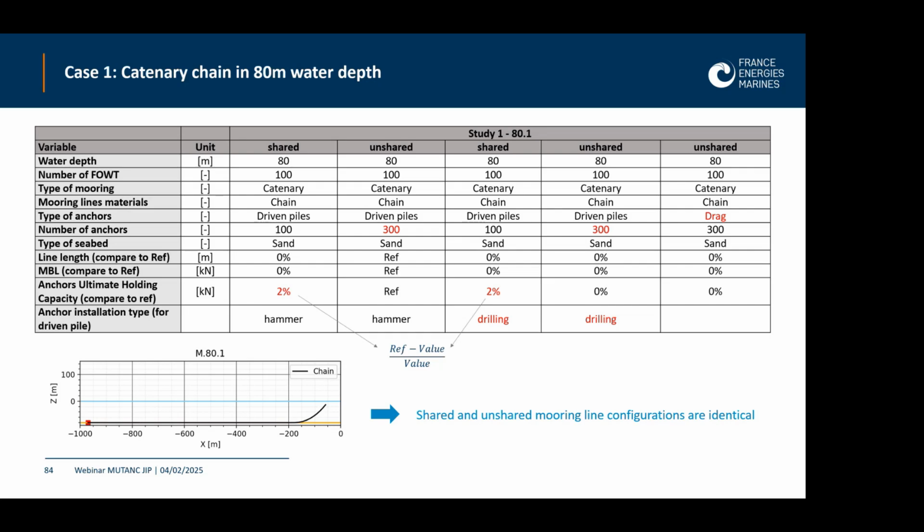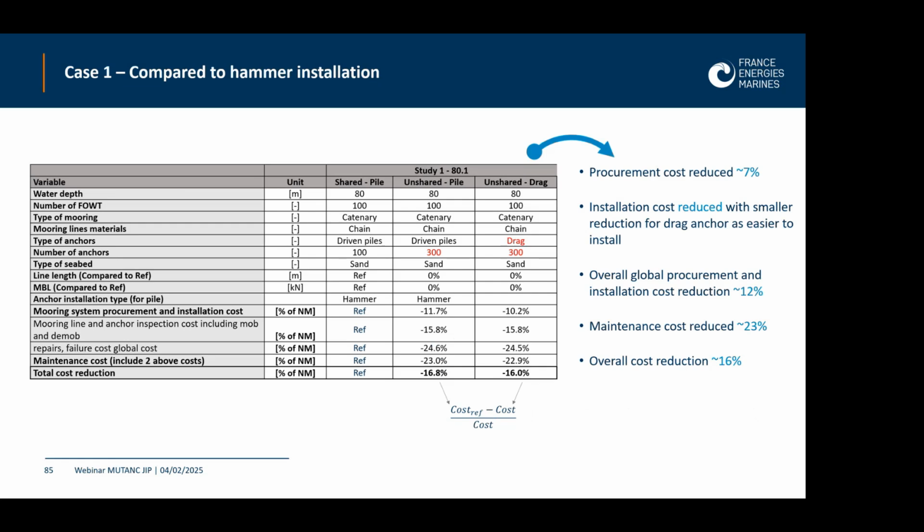What is observed is that there is no difference for the line length and MBL, as it is the same mooring system that is used for shared and unshared mooring lines. There is only the number of anchors that is changing, and the ultimate holding capacity that is slightly changing, but it is a small variation.